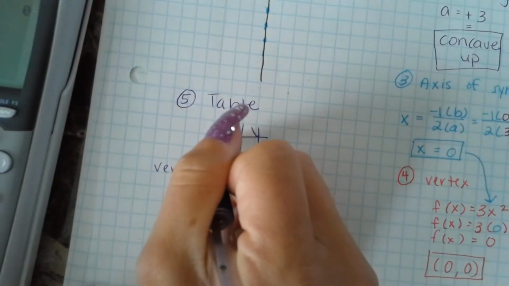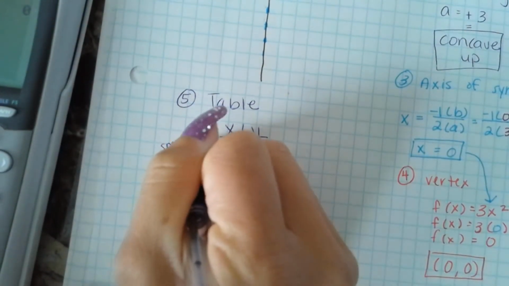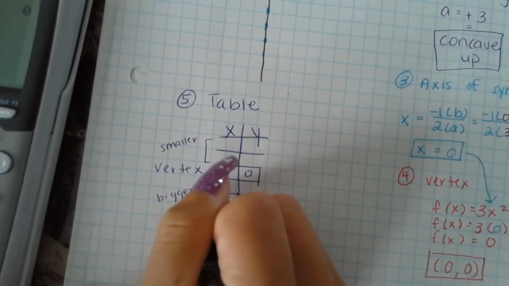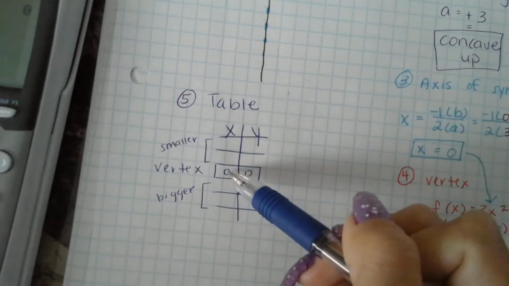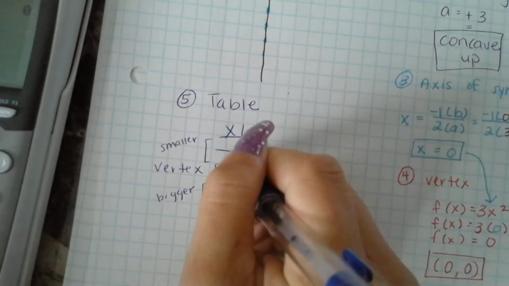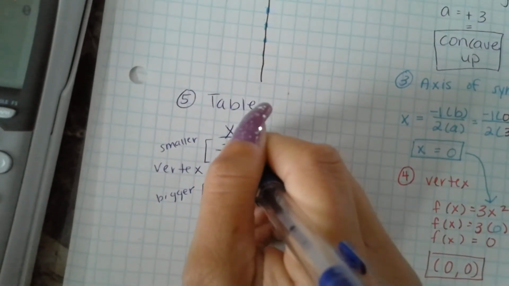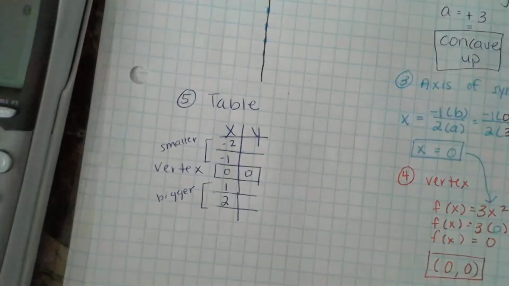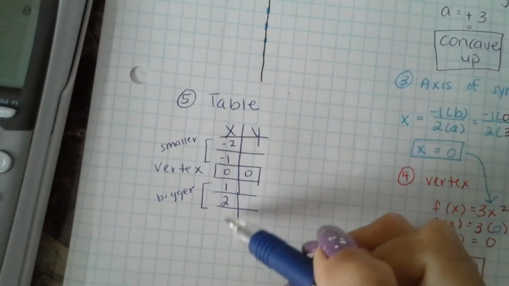Then we're going to start filling in this table. Remember, we put our smaller numbers up here, and then our bigger numbers right here. So if we went in order, it would go -2, -1, 0, 1, 2. We choose the numbers so it's going straight in order.